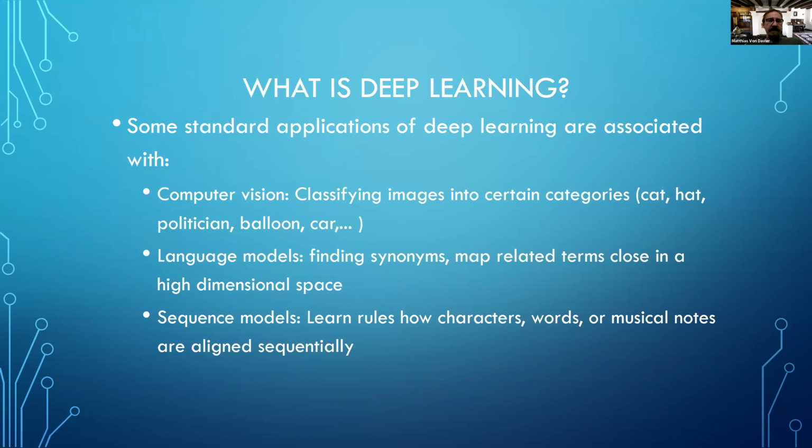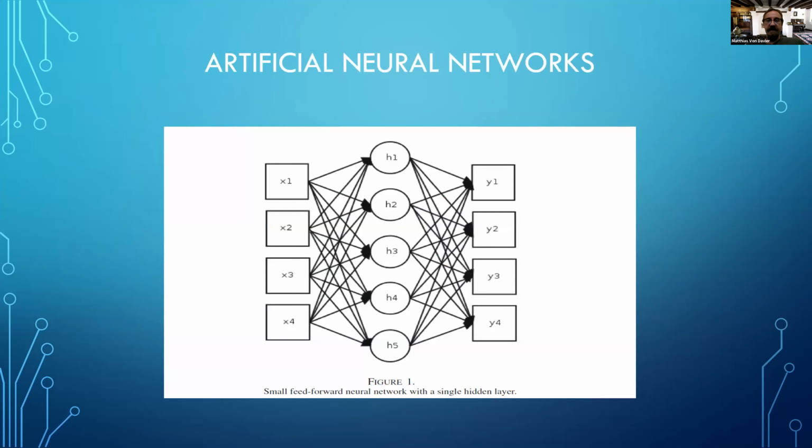There are language models that try to find synonyms, that try to answer questions, etc. There are sequence models that give you some idea about how characters are put together to form words and then sentences. So there's image classification, image captioning, question answering, summarizing texts, and all those standard applications. So why not automated item generation?